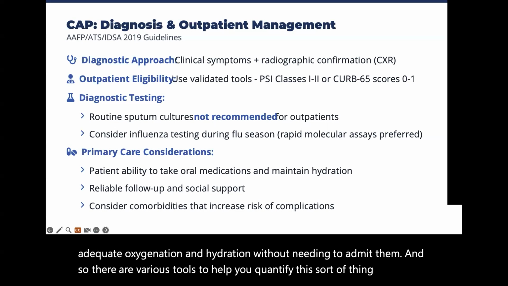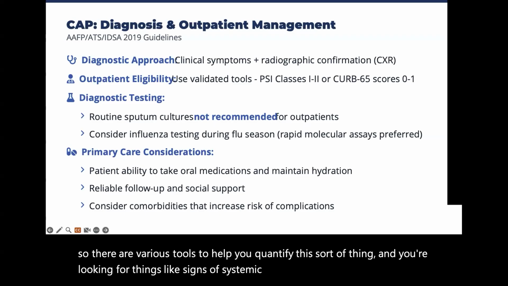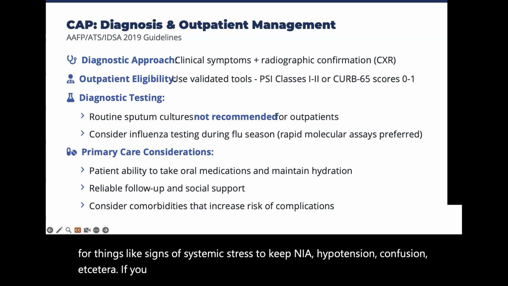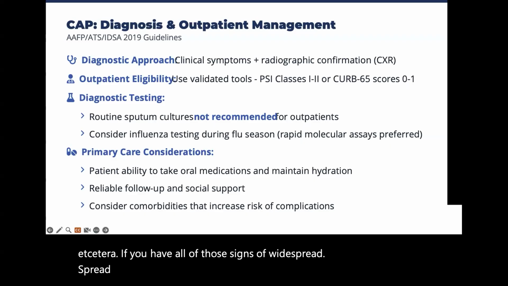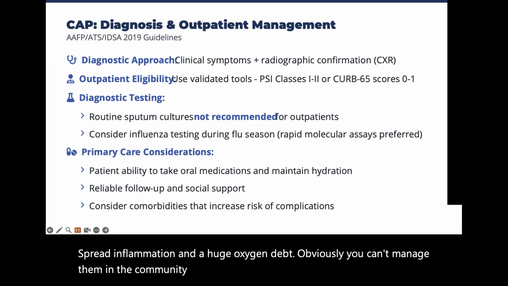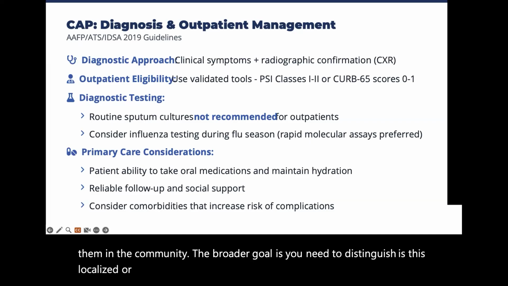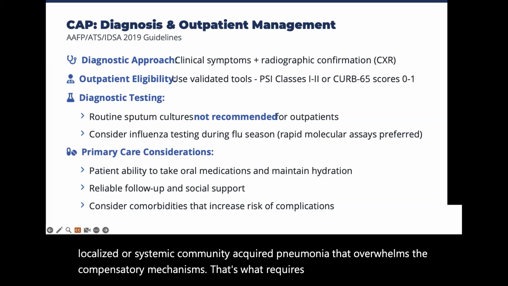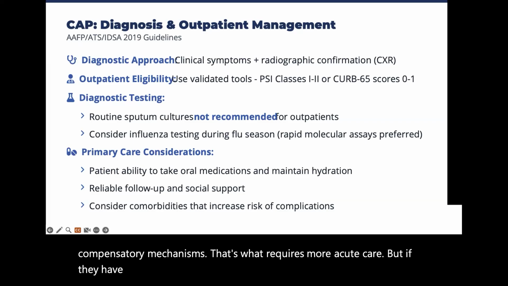And you're looking for things like signs of systemic stress: tachypnea, hypotension, confusion, etc. If you have all of those signs of widespread inflammation and a huge oxygen debt, obviously you can't manage them in the community. The broader goal is you need to distinguish, is this localized or systemic? Community-acquired pneumonia that overwhelms the compensatory mechanisms, that's what requires more acute care. But if they have good reserve and they're compensating, you can manage in the community.